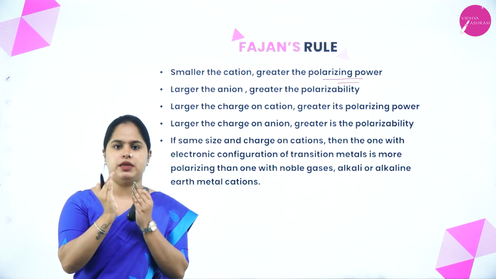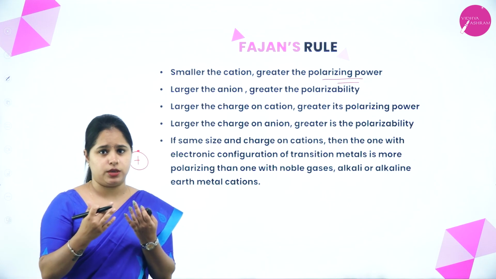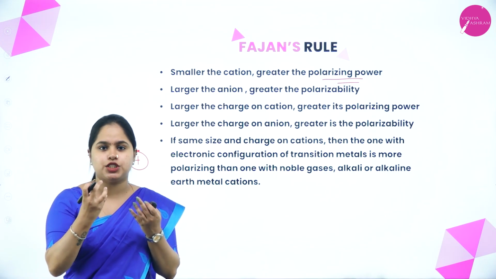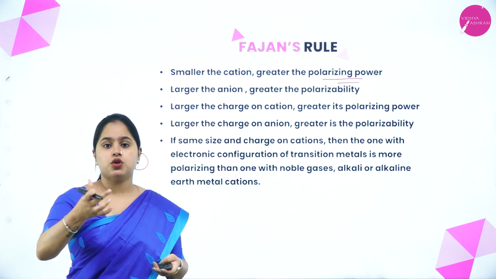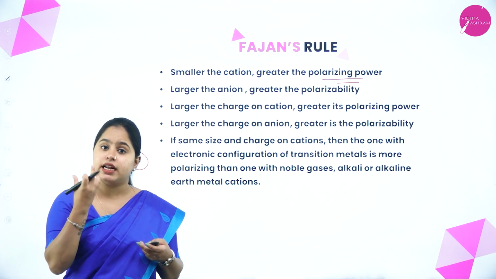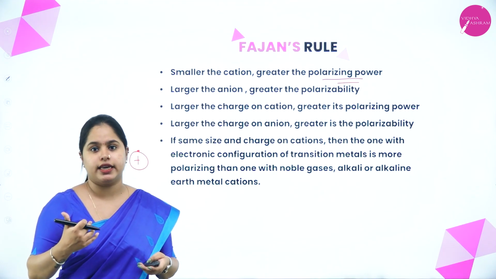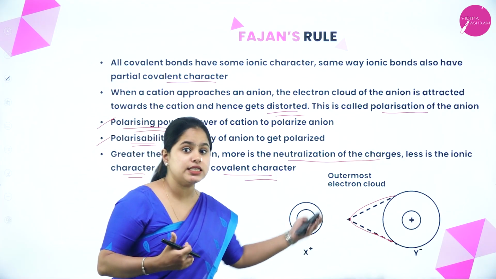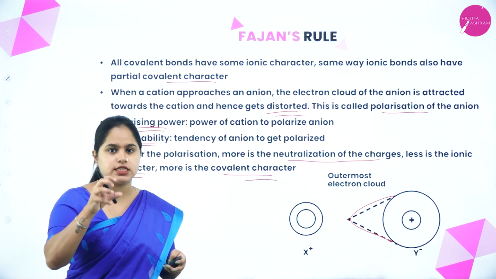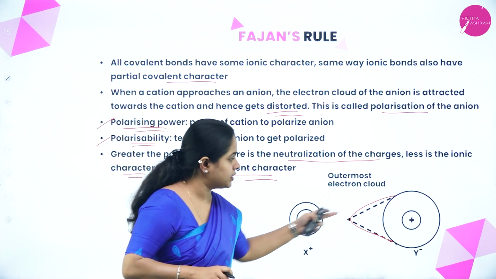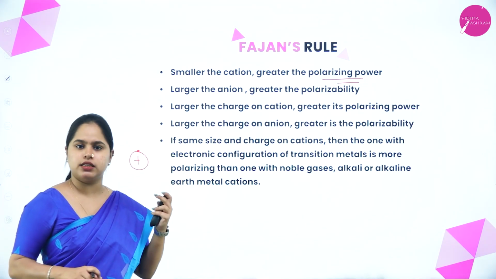So the attraction will be very high, and the polarizing power of the cation will be very high in that case. So it can easily polarize the anion. Polarizing power increases because the size is decreasing. So the smaller the size of the cation, the greater the polarizing power.